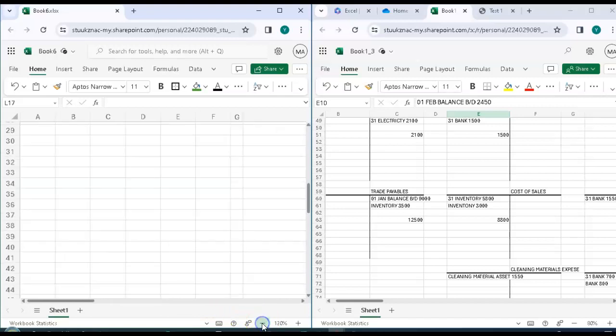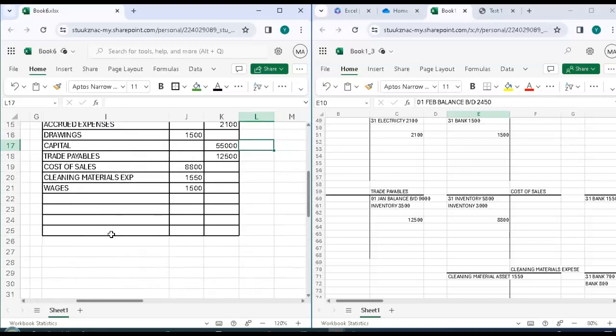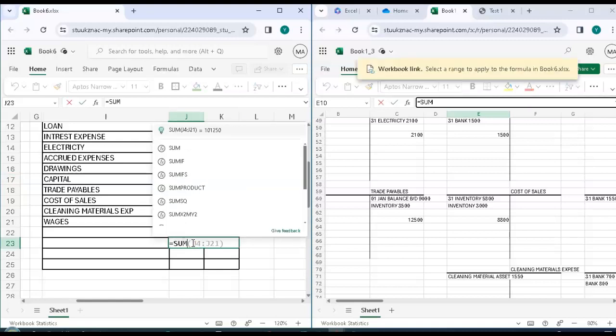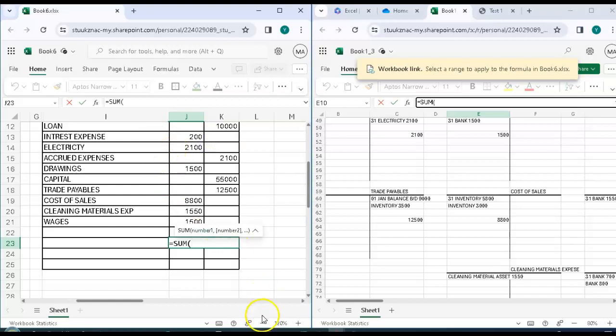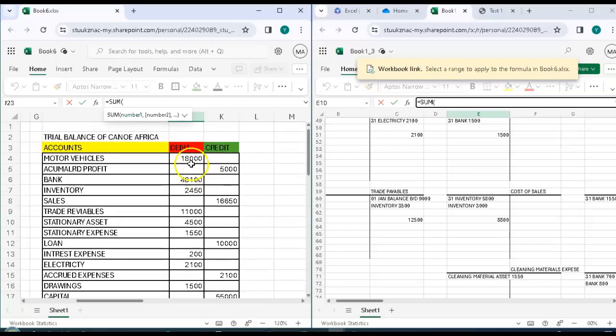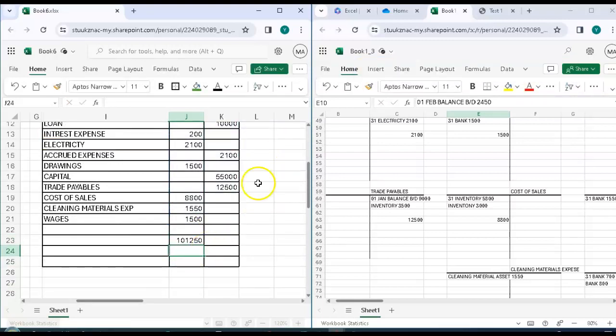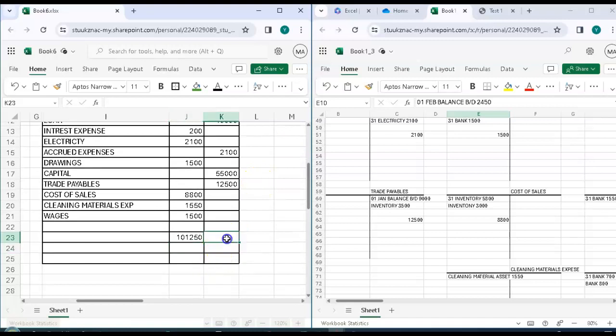Okay, so to total it up, use your calculator and make sure you calculated everything on the debit side. So put the amount like over here, right? So equals to, let's see, okay, 101,250, and let's see this one.